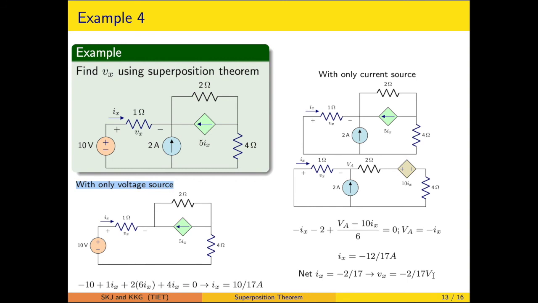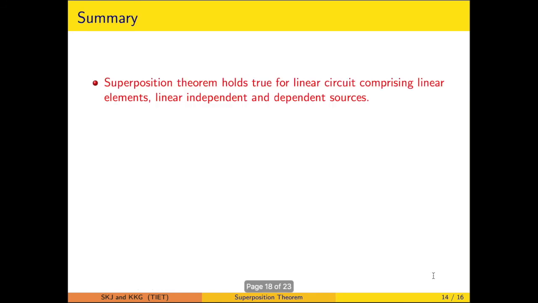In that way we are able to solve the circuits. At the end we have to summarize that the superposition theorem holds true only for linear circuits, and the linear circuit must consist of linear circuit elements, linear independent and linear dependent sources.